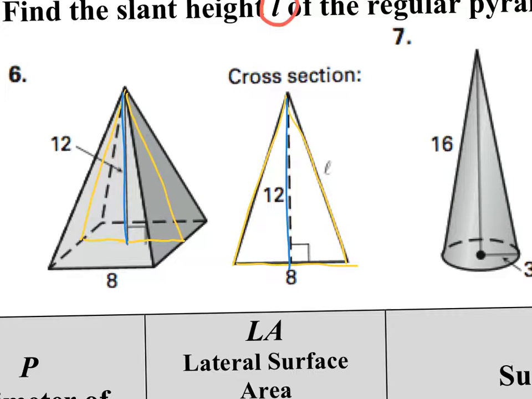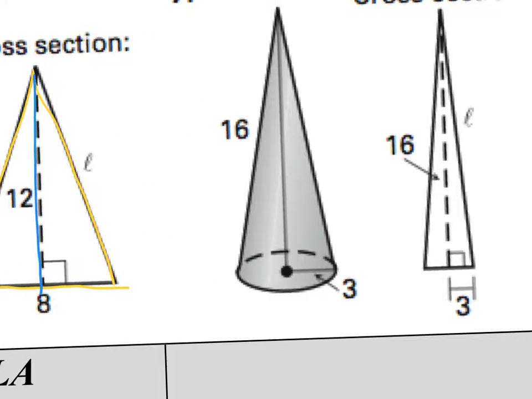So L is effectively, we're just ignoring that half of the triangle, and we're just going to use this here to find out what that is. So clearly, we have a right triangle. So we're going to use the Pythagorean Theorem, with this part here being 4, because I just cut the 8 in half, and this part here being 12. So I say 4 squared plus 12 squared is equal to L squared.